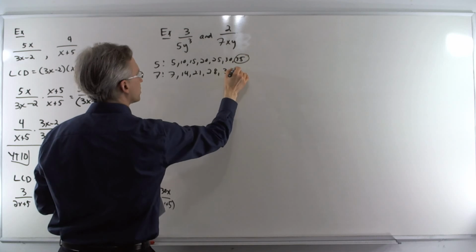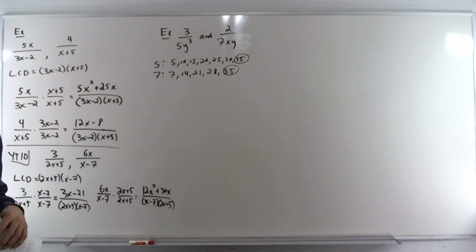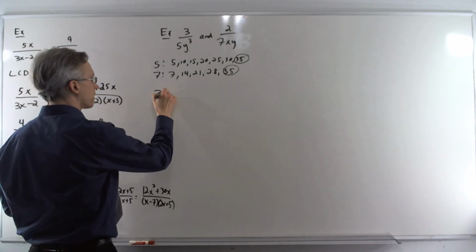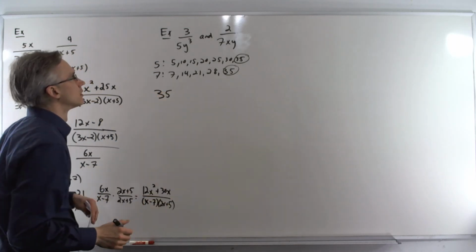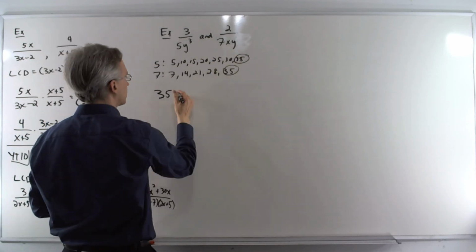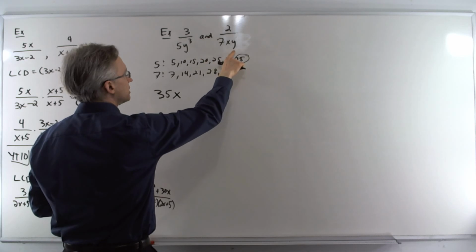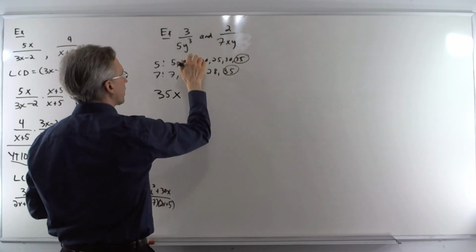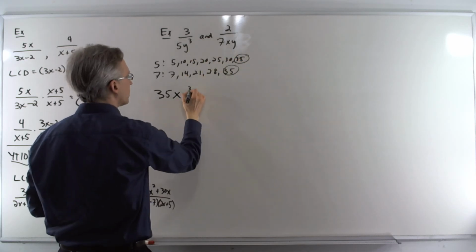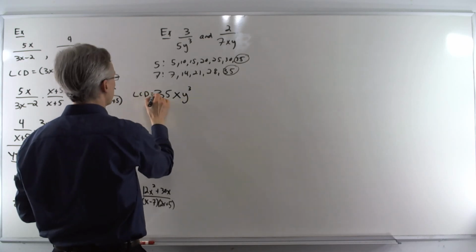And the first match is 35. So that's going to be the coefficient on the least common denominator. All right, now we'll look at the variable parts. We only have one x to the first power, so that's going to stay in the LCD, and then for y, the larger exponent is the third power. So there is our LCD.